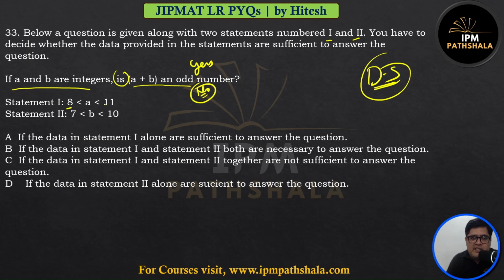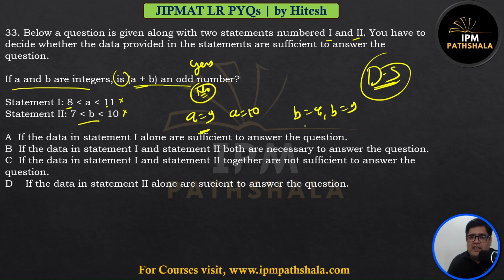So between this and this, A can be either 9 or A can be 10. So by looking at A, can I answer A plus B? No. Second statement, B can be 8 or B can be 9. By looking at this, can you answer A plus B? No. When you are not able to answer individually, now you combine them.